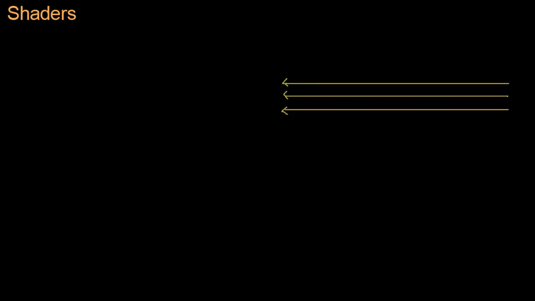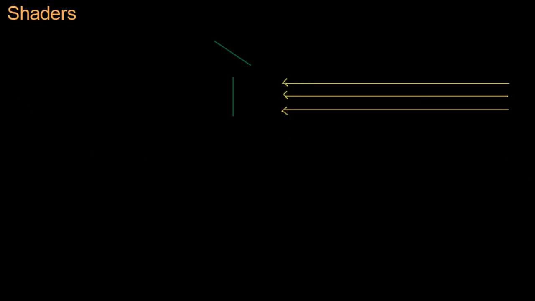Some guy named Lambert figured out that the apparent intensity of light striking a surface changes with the slope of that surface. So if your surface is at a steep angle, then the light striking it will be kind of dim. But if the surface is facing the light, the rays are hitting the surface dead on, then the apparent brightness of the light on that surface will be a little bit brighter.